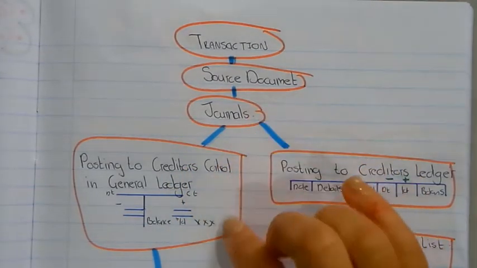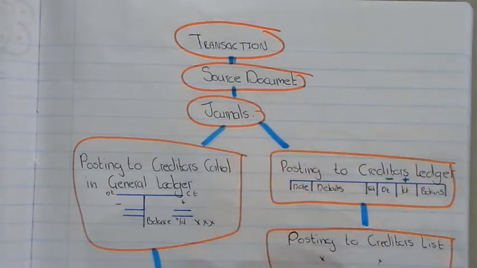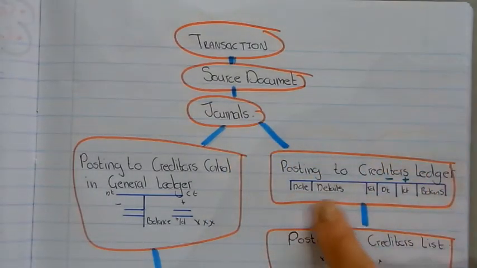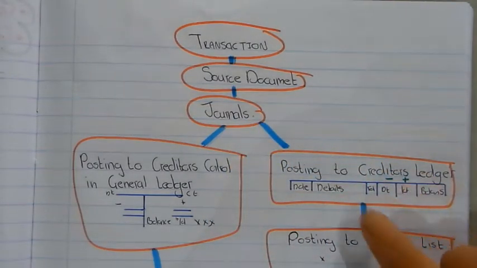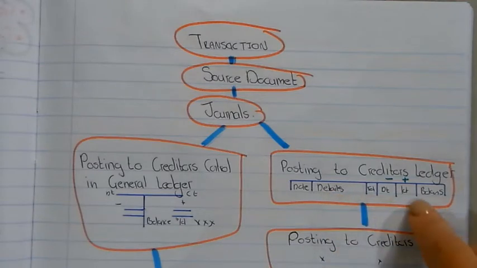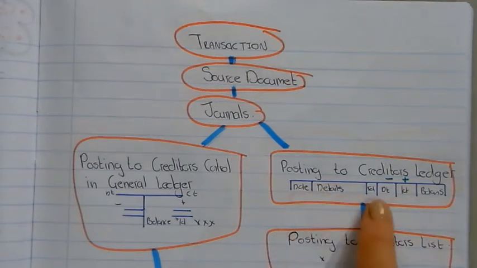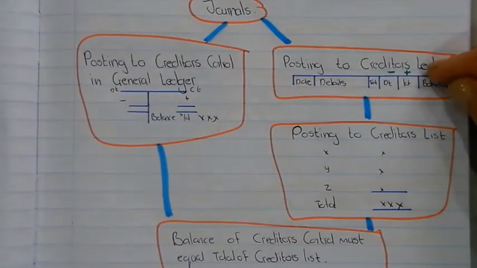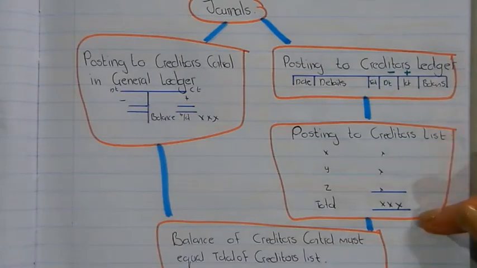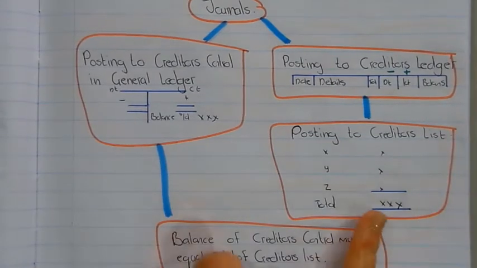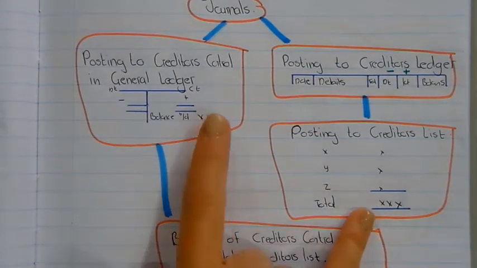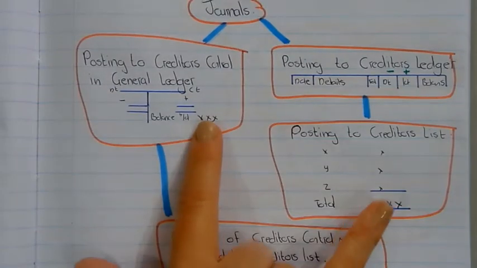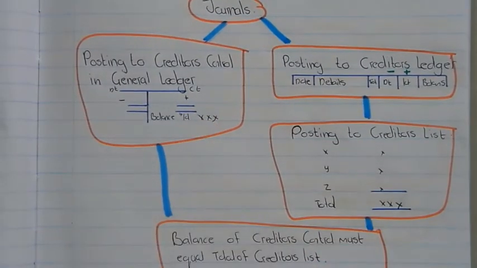The same entry that's in my journals will also be entered in my creditors ledger. Remember, each creditor will have his own ledger, which will have date, details, folio, debit, credit, balance. This creditors ledger will then be posted to my creditors list, and at the end of the day, the total of my creditors list and the balance of my control account must be the same.